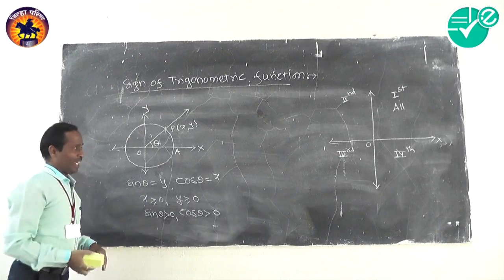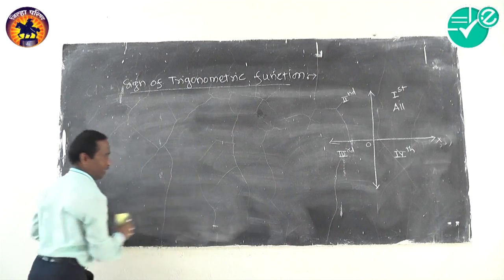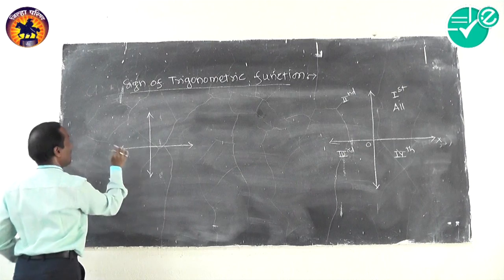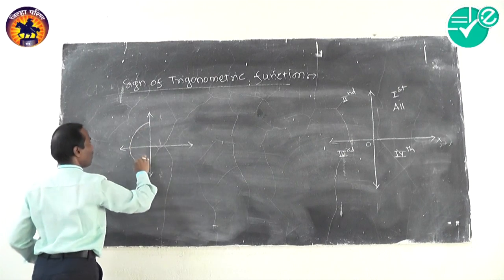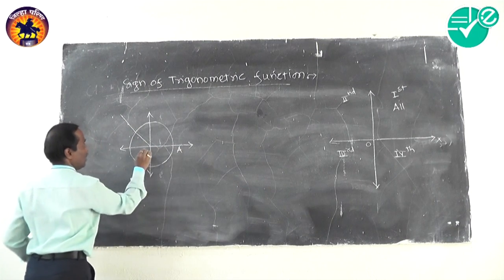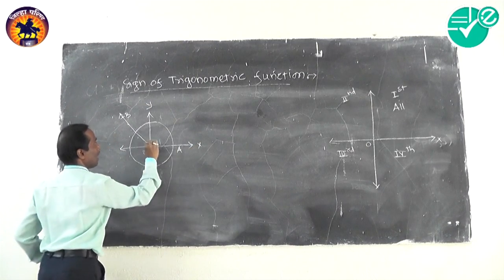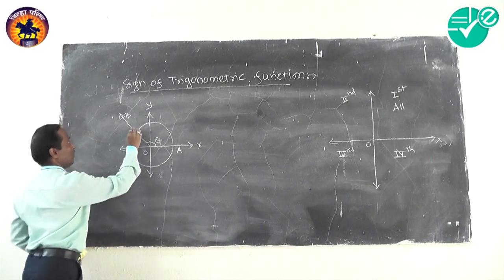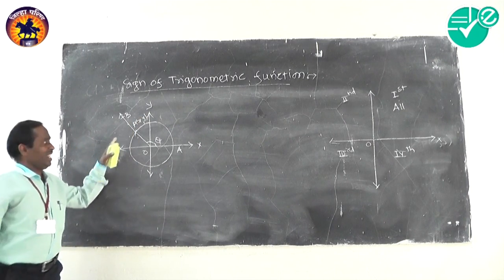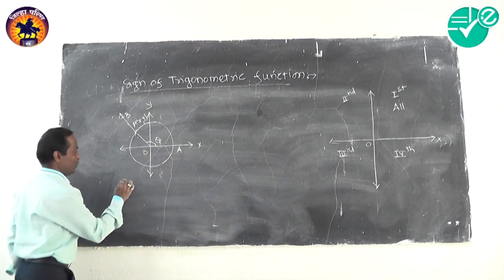Now we take the angle that lies in the second quadrant. Angle AOB is theta. Then point P, x comma y, lies in the second quadrant. Then the x coordinate is negative and the y coordinate is positive.